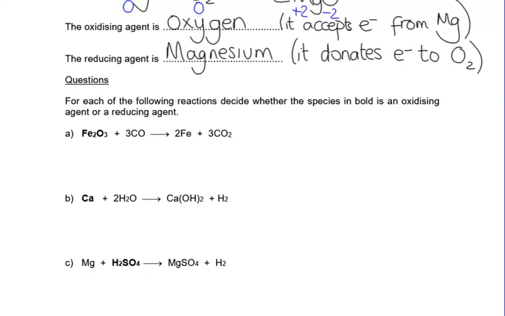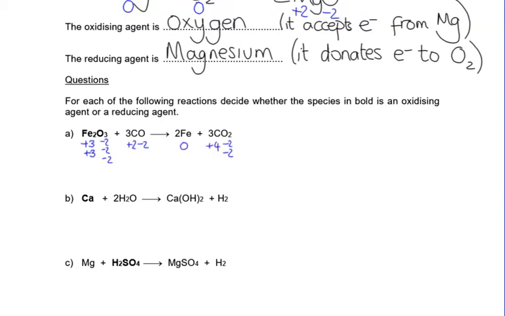So although in these equations, for example in this first one, it might be the iron and the carbon that are changing their oxidation states, that are gaining or donating electrons, it would be iron oxide or carbon monoxide that would be either the oxidising or the reducing agent. You have to name the whole chemical. So pause the video and see if you can work out whether the thing in bold is the oxidising agent or the reducing agent.